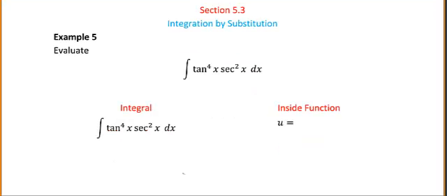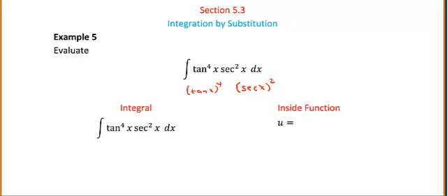All right. In this case, it starts to get a little murkier, because notice we have two composite functions. We have tangent to the fourth. So remember, that's like tangent of x to the fourth, where tangent is the inside function, but we also have secant squared, so that's a composite function too.